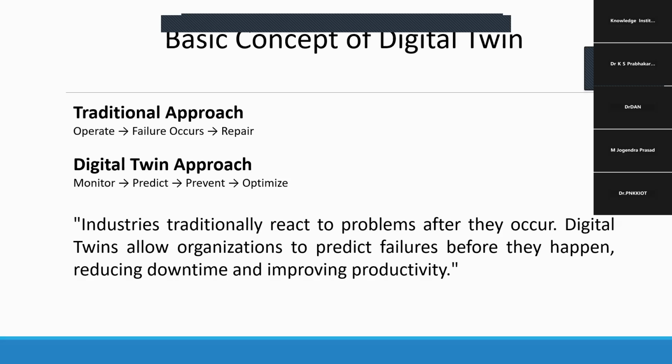But the digital approach allows the organization to predict failures before they happen. In that way, we can predict and prevent failures, and also optimize the process, reduce downtime, and improve productivity. This is the main idea.